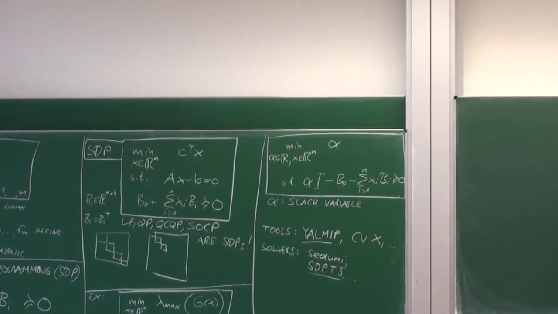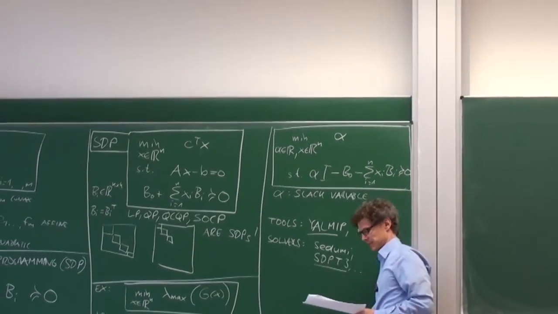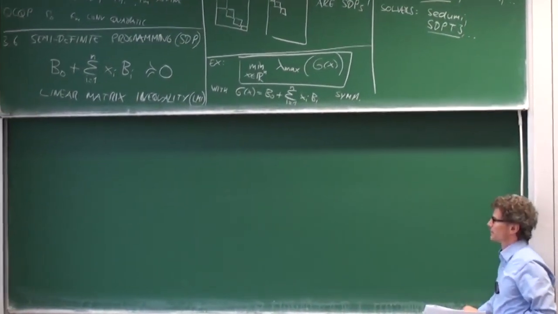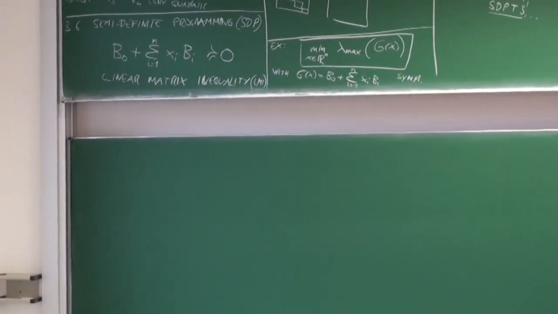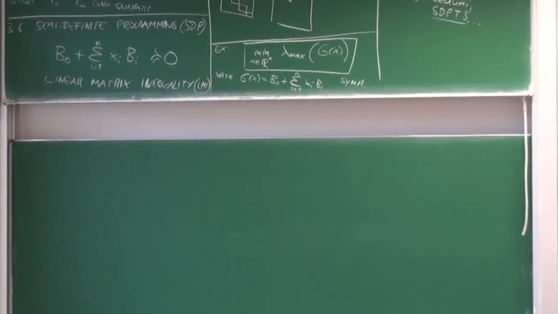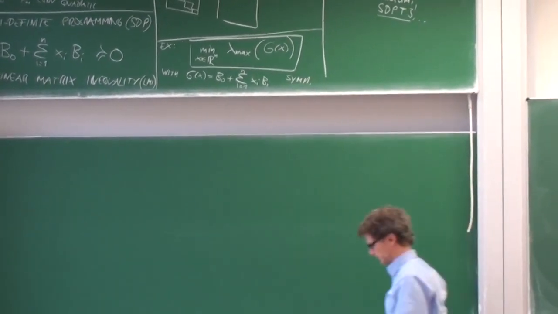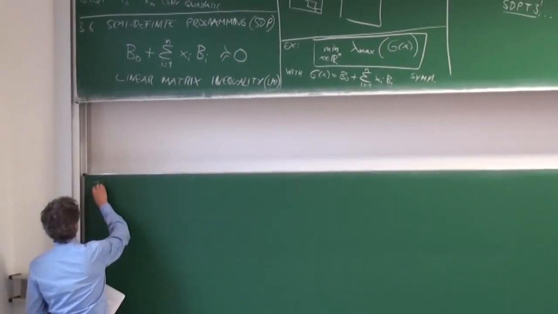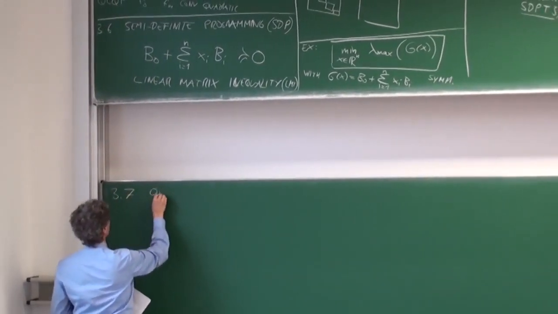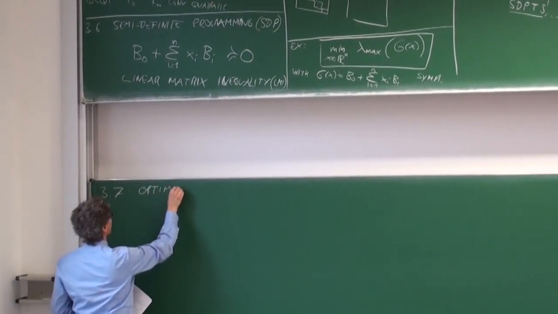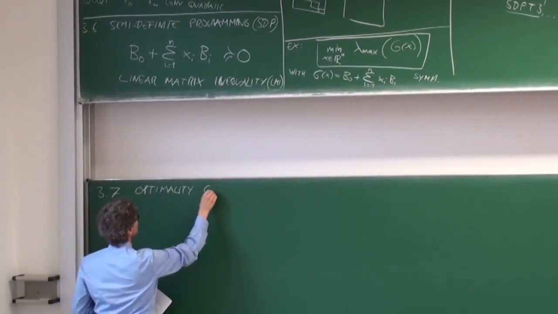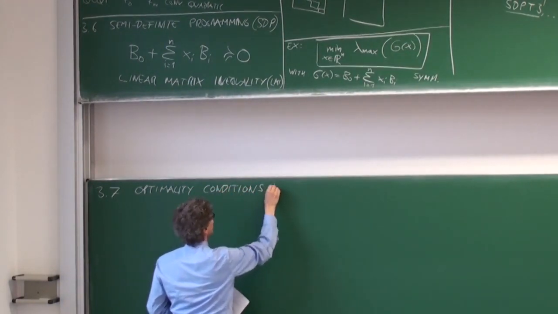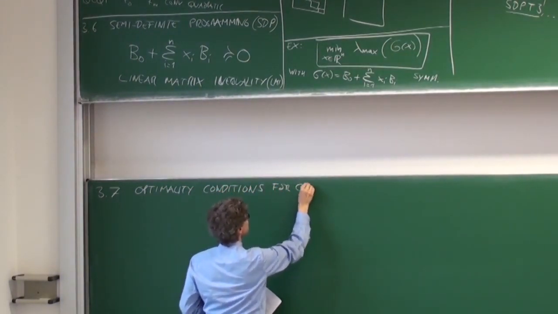And we continue with the next section, which is still about convex optimization, but which is actually helping us to compute optimal solutions, or to recognize that we have an optimal solution. So this next section is about an optimality condition for convex optimization.